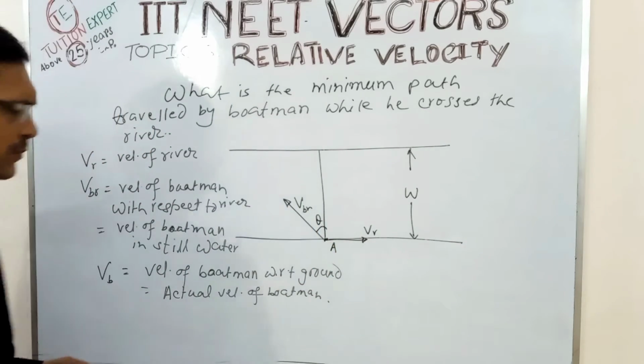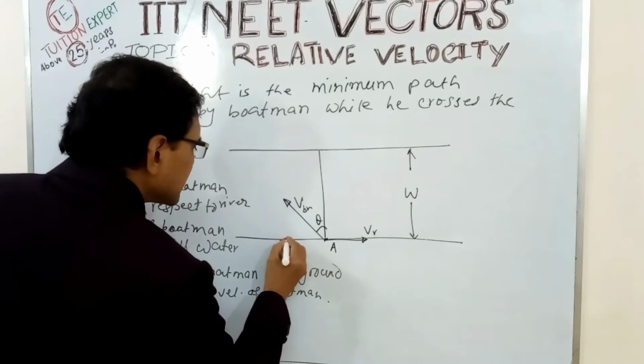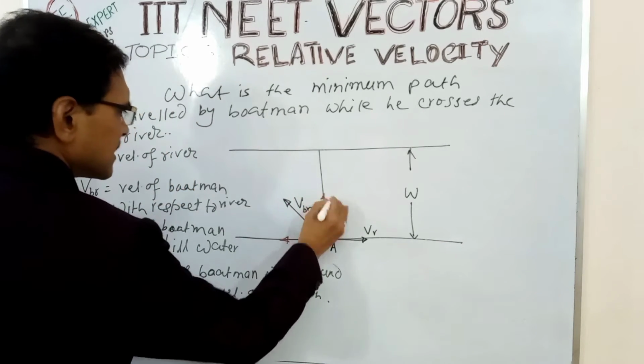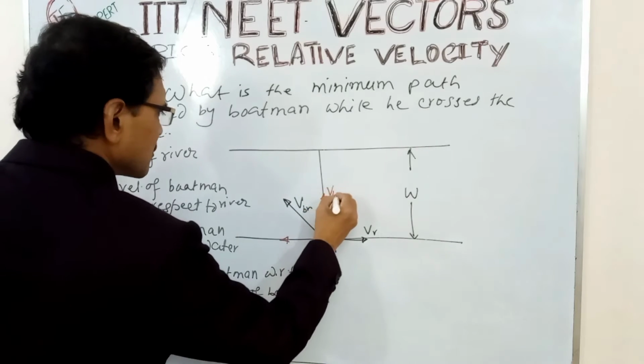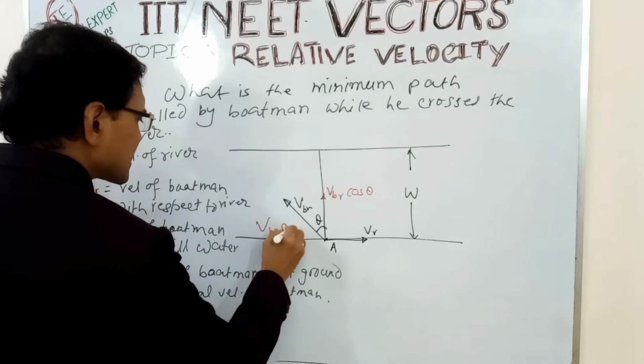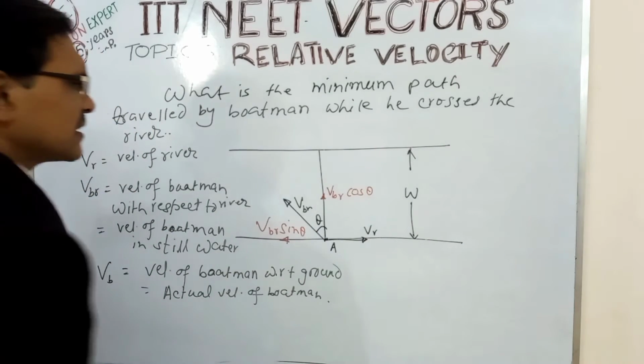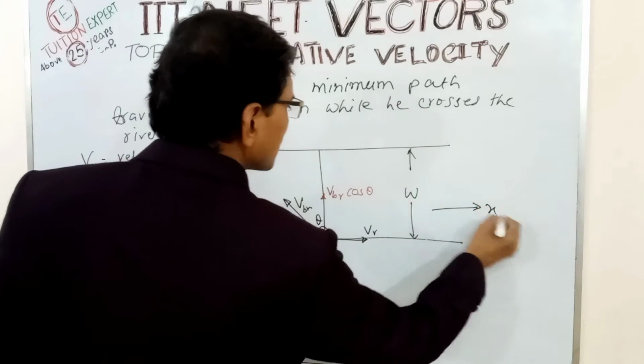So the component of VBR along this is VBR cos theta, and this component is VBR sin theta. Okay. Now take this as x direction, this as y direction.